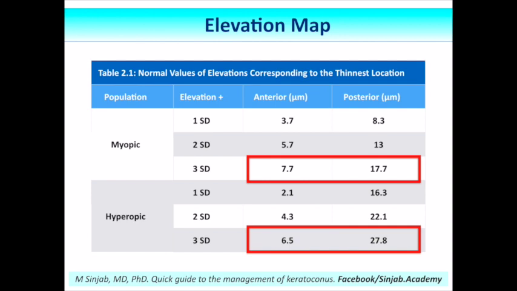For the anterior elevation map, the average normal number for myopic patients is 7.7, and for the posterior is 17.7. For the hyperopic people, the anterior number on average is 6.5, and the posterior one is on average 27.8.